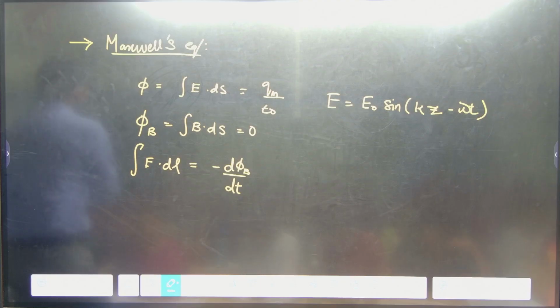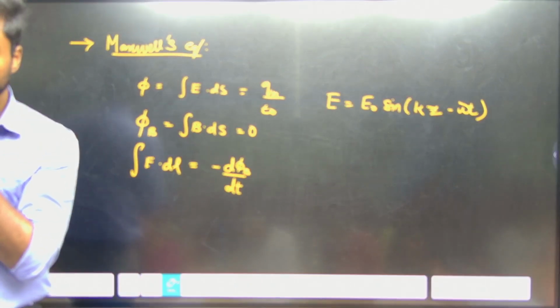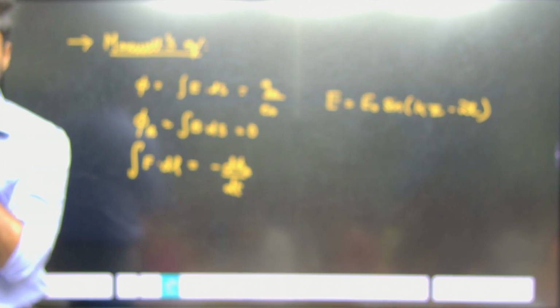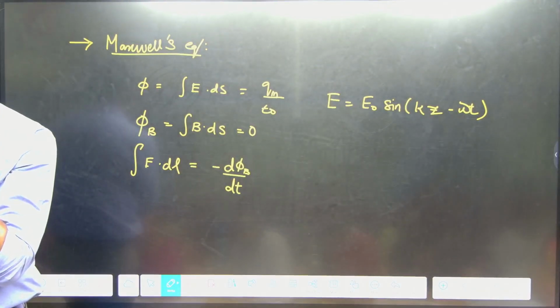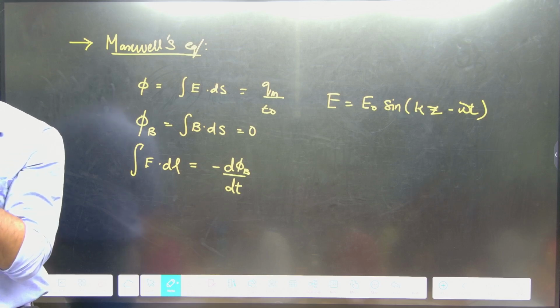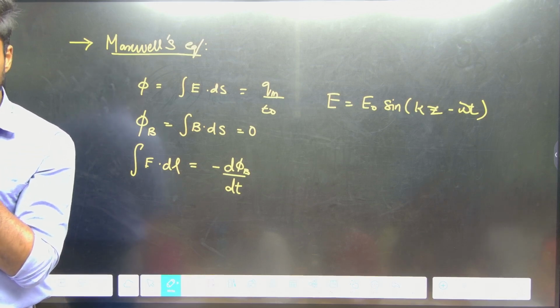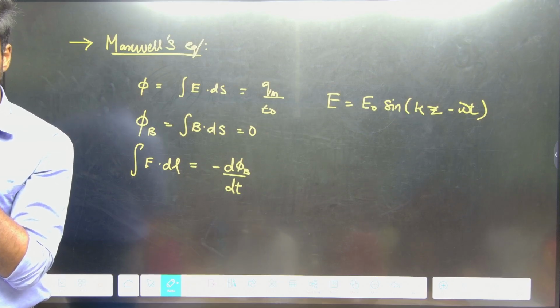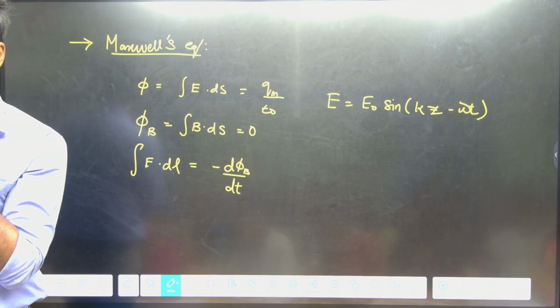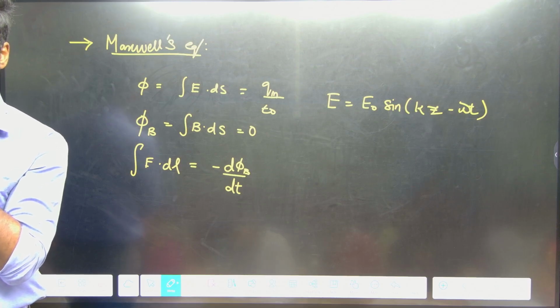Write down under this: electric field is in positive y axis. Next point, wave propagation in positive z axis.